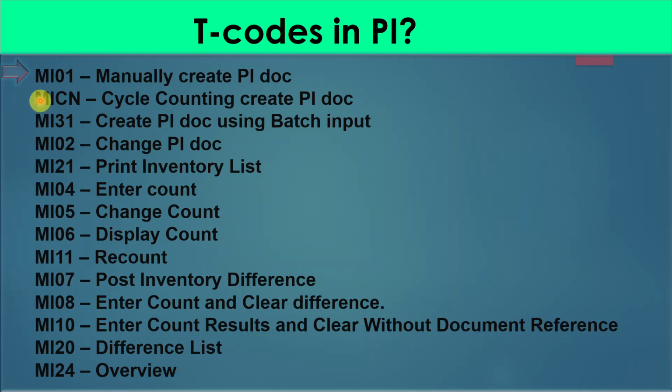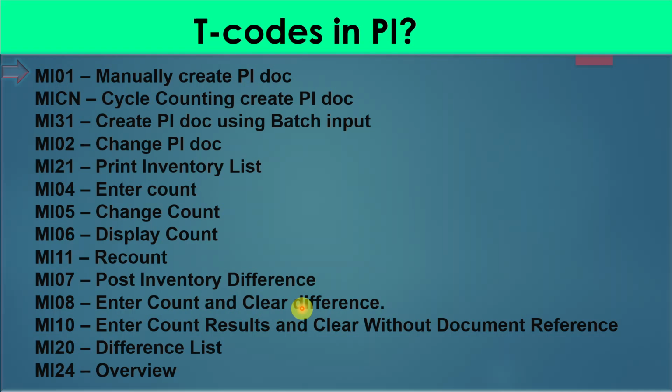Then here are a few more T codes. MICN is for cycle counting, which I will cover in another video. MI31 is for batch input for a bulk or huge number of materials, a method where we can directly upload through files. Then MI08 is a combination of MI04 and MI07, so these two activities can be done together in this code.